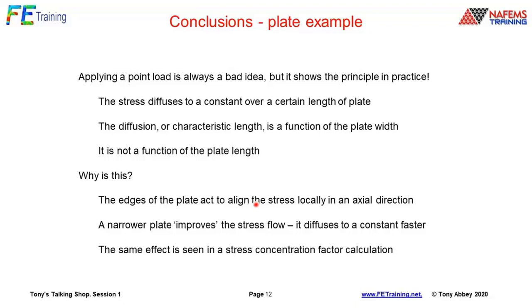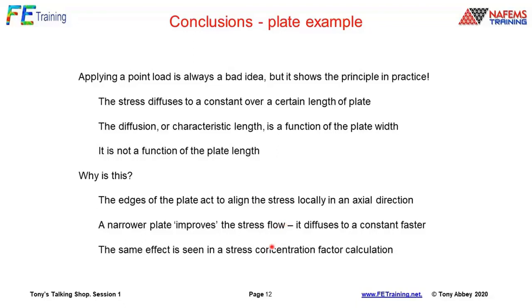So this is the idea. The narrower that plate gets, the more it's entraining, and it's actually tying that critical length to the plate width. So the narrower plate actually improves the stress flow. It diffuses to a constant level faster. We see that effect in the stress concentration factor calculation.